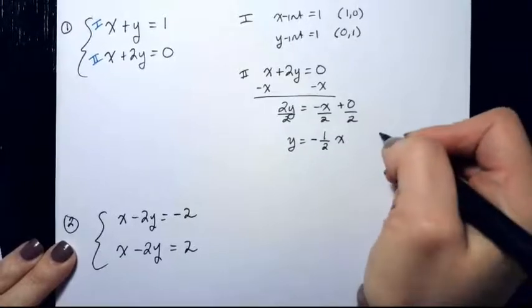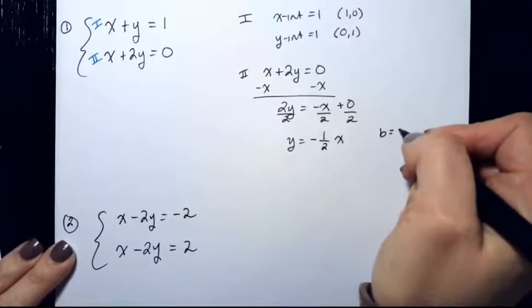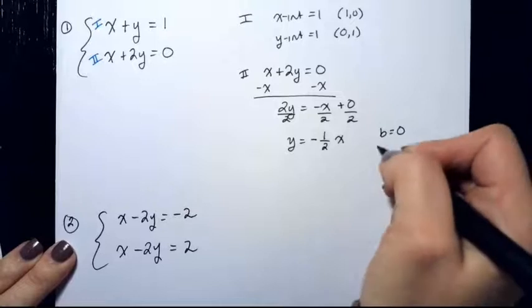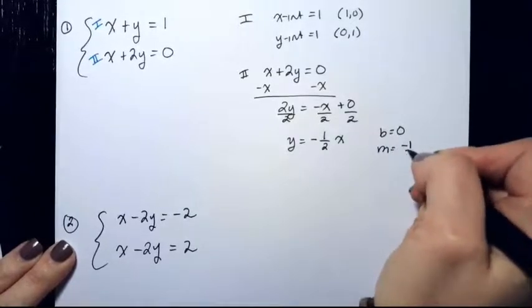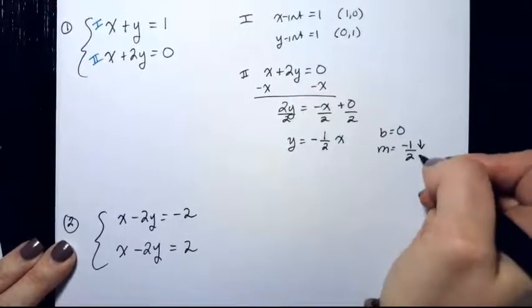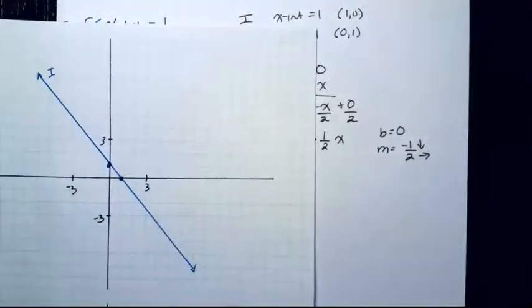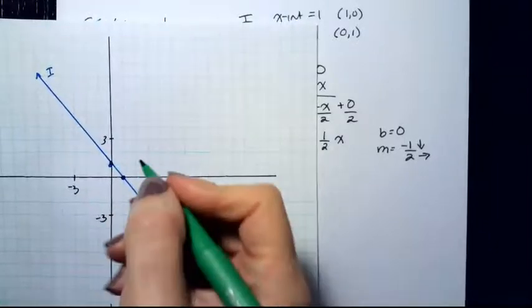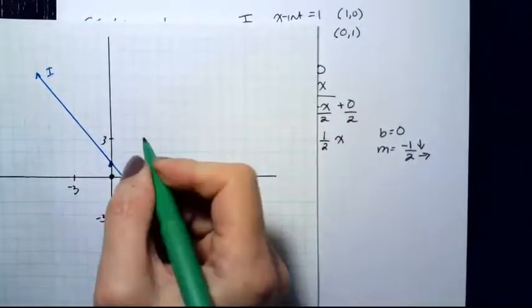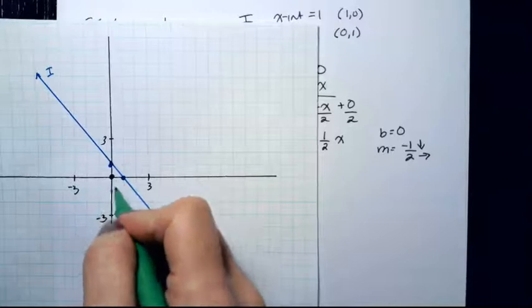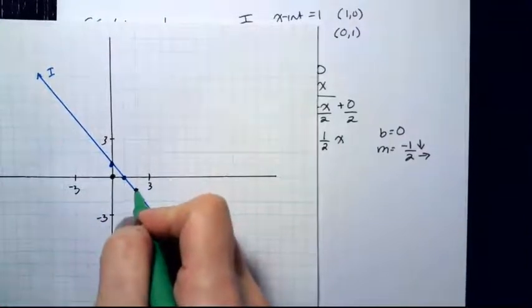So in this case, I would have a y-intercept at 0, and my slope would be -1/2, so that's down 1, 2 to the right. So let me go ahead and draw that line. I'm beginning at 0, my y-intercept is 0, and from there I'm going down 1 and 2 to the right.